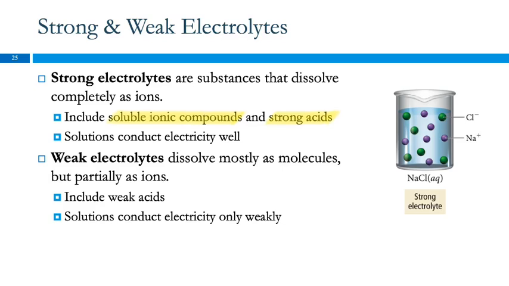And then we have weak electrolytes. They dissolve mostly as molecules, but a little bit as ions. And so these are weak acids. Now something like sugar didn't make any ions. Sugar is not a weak electrolyte, it's a non-electrolyte. So we have strong, weak, and not at all.